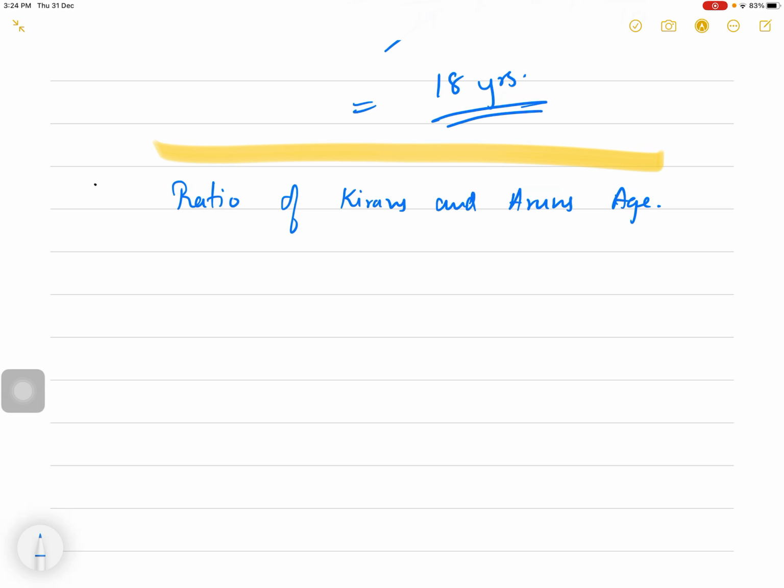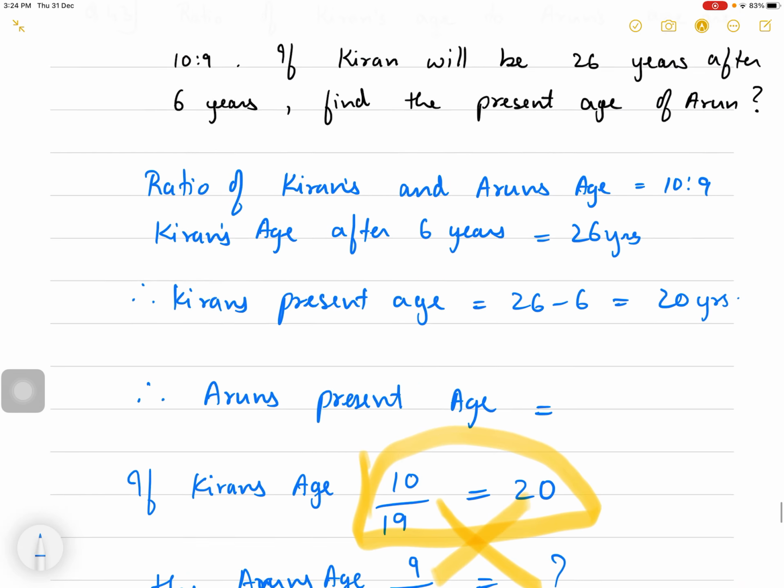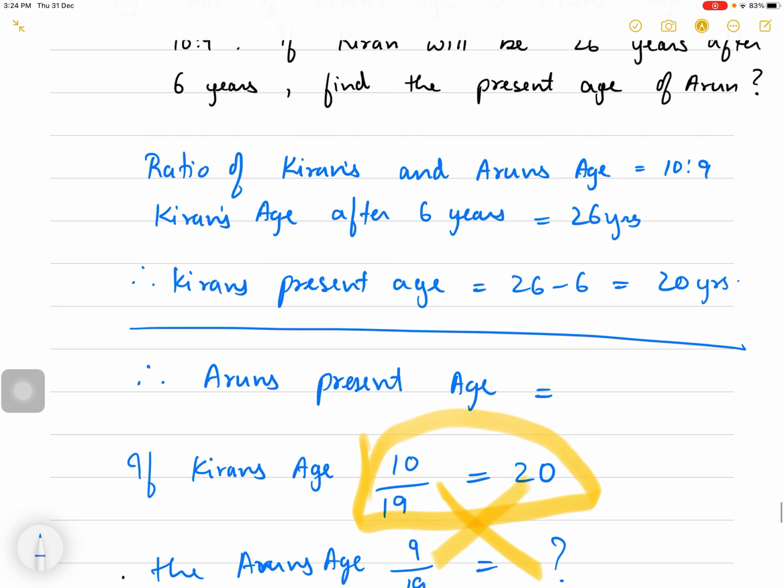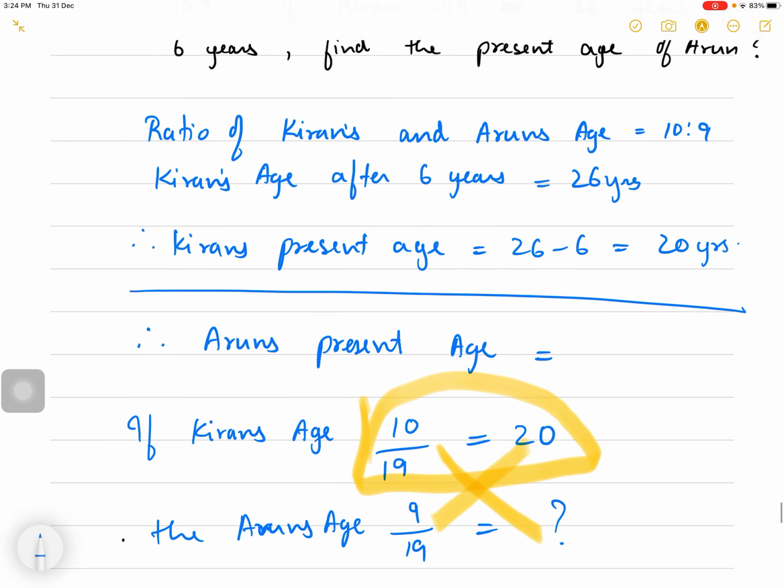So we know that the present age of Kiran is 20. We'll be writing the same thing again, I don't want to write the same thing again.